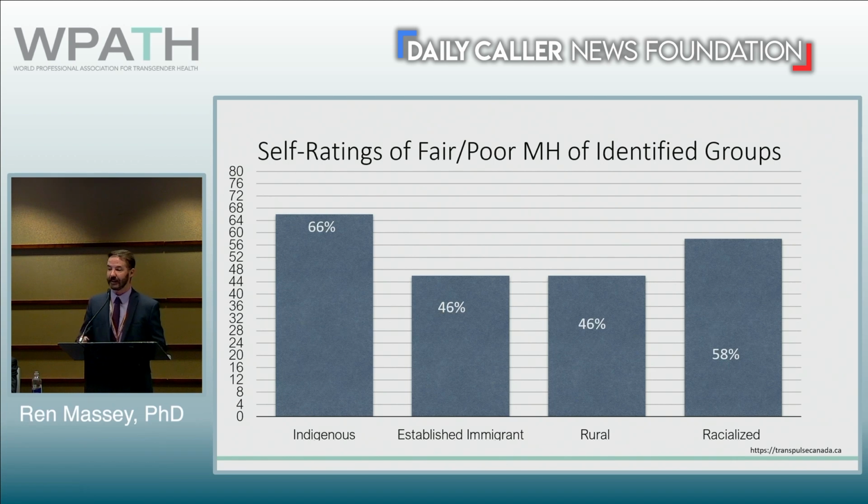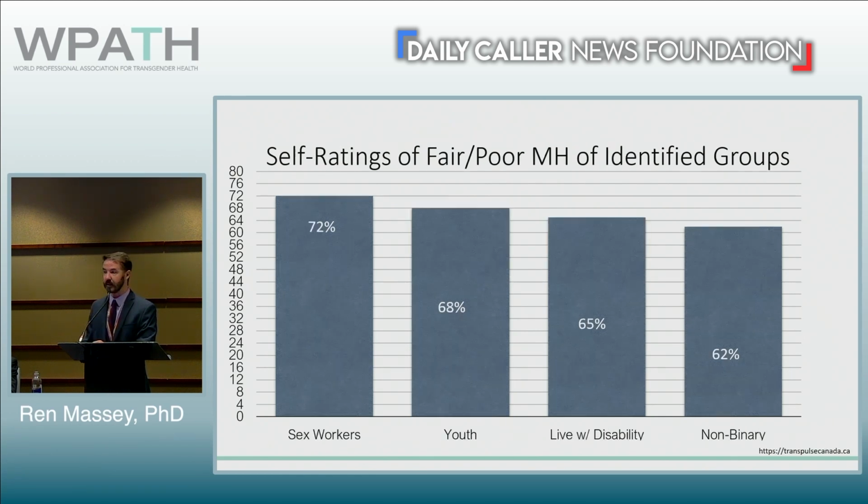Those rates go higher when we're working with indigenous individuals. Not as bad with established immigrants or folks in some rural communities, but higher for folks who are racialized, higher for folks who are sex workers or young people, higher for folks living with disabilities or who are non-binary.